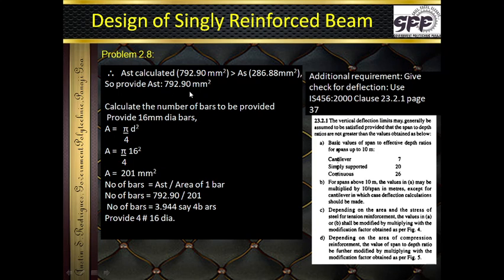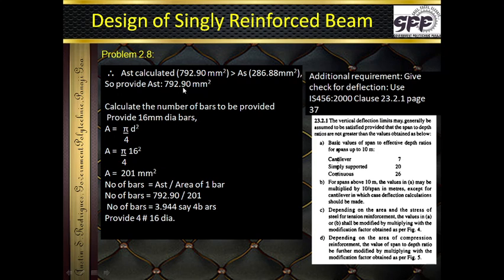Now when we are going to provide this much, how many bars are required? So assume the diameter of the reinforcement. In order to calculate the number of bars to be provided, we assume the bar diameter to be 16 mm. What is the area of one bar? Area of one bar is given by A is equal to pi d square by 4. So A is equal to pi by 4 into 16 square, or area of one bar is 201 mm square. So how many bars will be required?